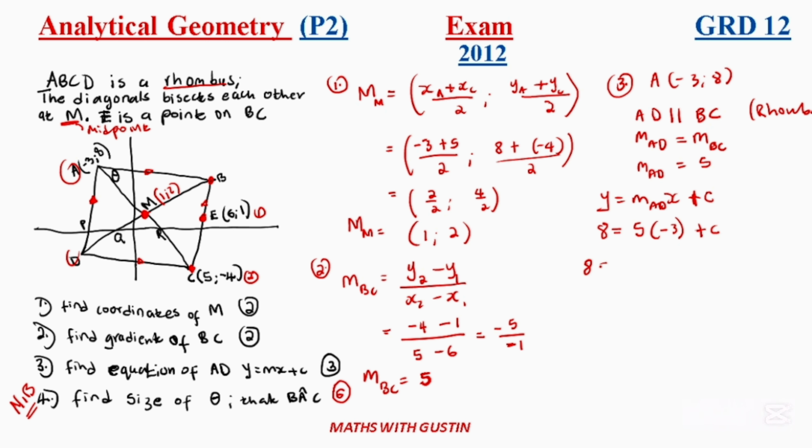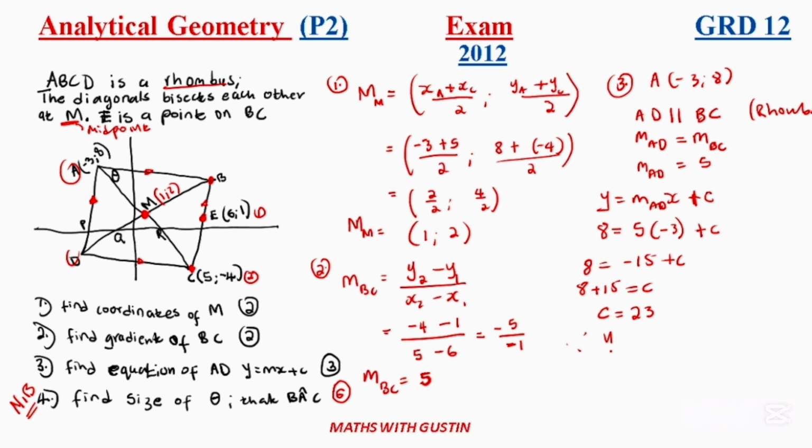So it's going to be 8, and then this is what? -15 plus c. Take 15 to the other side. 8 plus 15 is equal to c. c is going to be equal to 23.